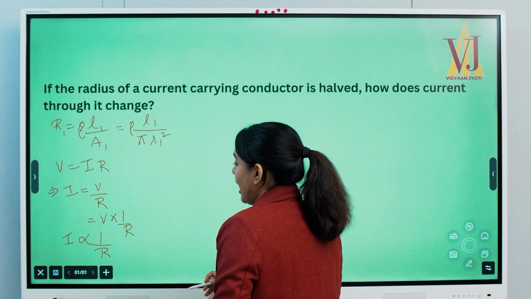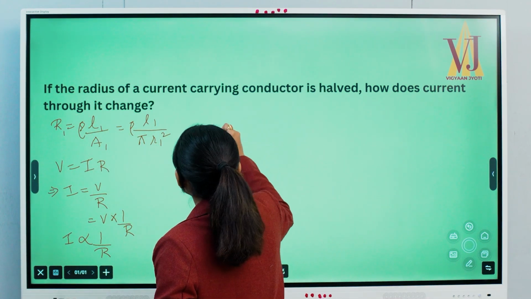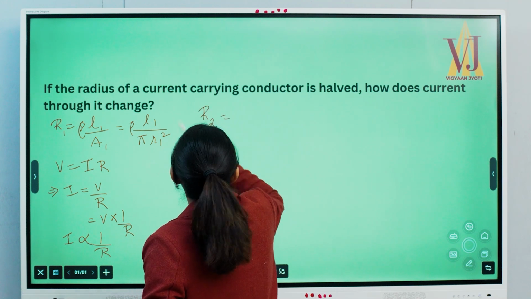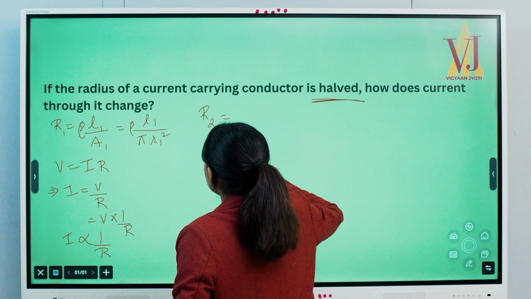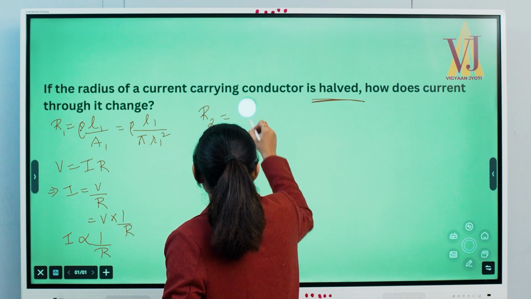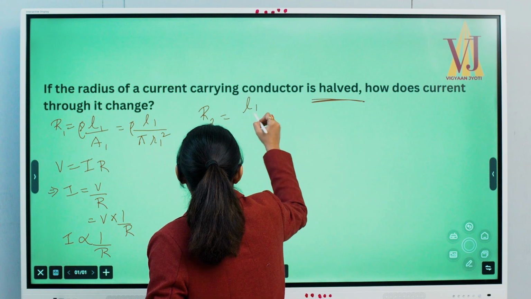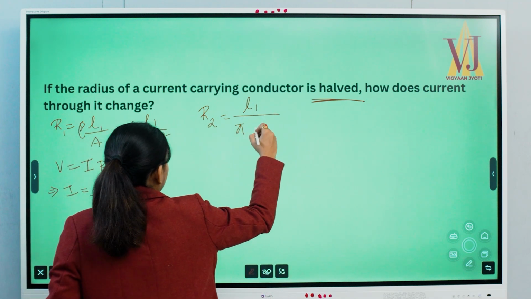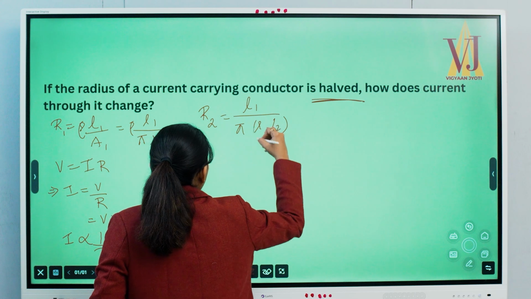Next R2, my new resistance, if my radius has become halved. L1 is fixed because my length is not changing. So L1 by pi, now what happened to my radius? It got halved. So R1 by 2 whole square.